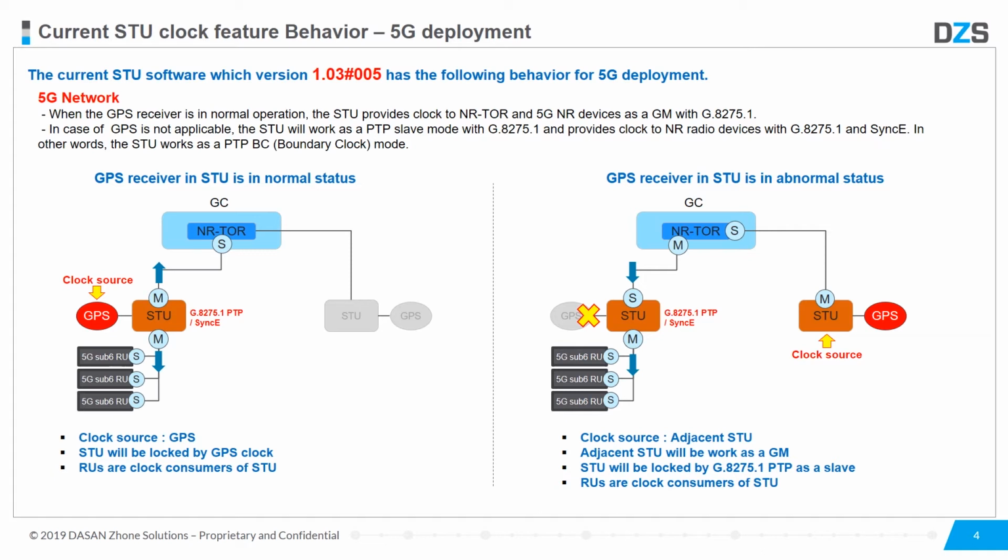G.8275.1 Grandmaster as a clock. In other words, the STU operates in PTP boundary clock mode. Boundary clock mode means receiving a clock from another device of the STU and providing the clock to other devices.